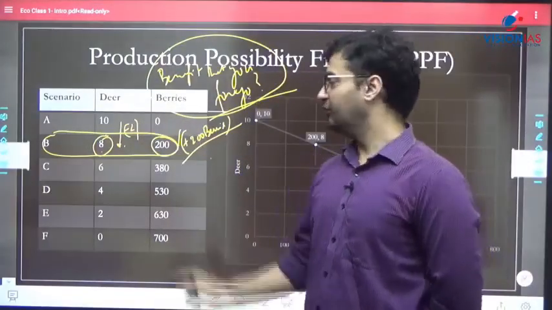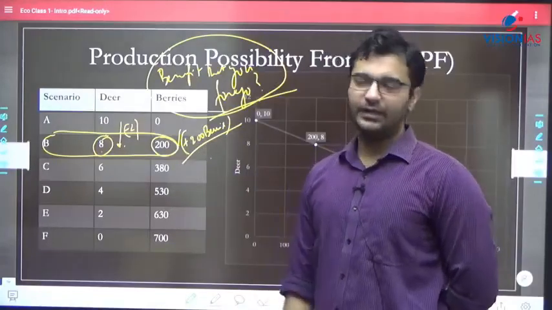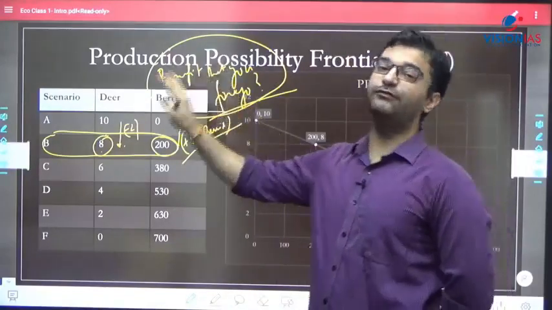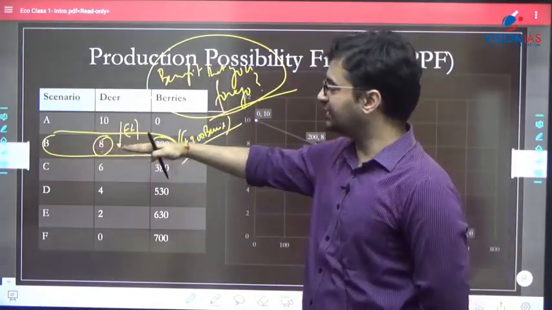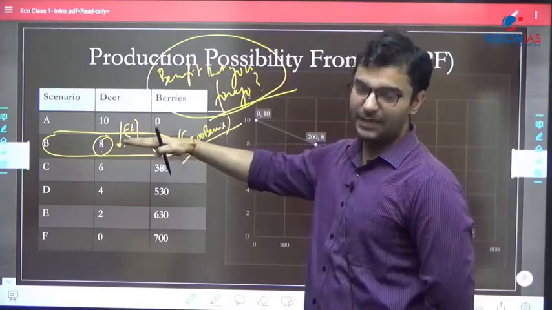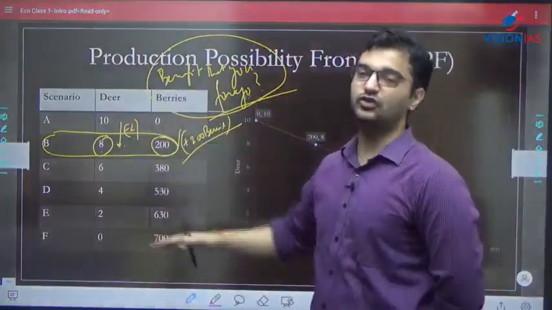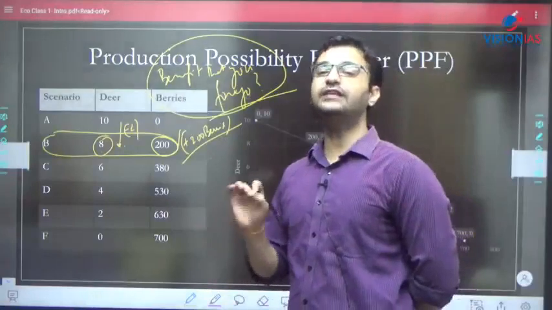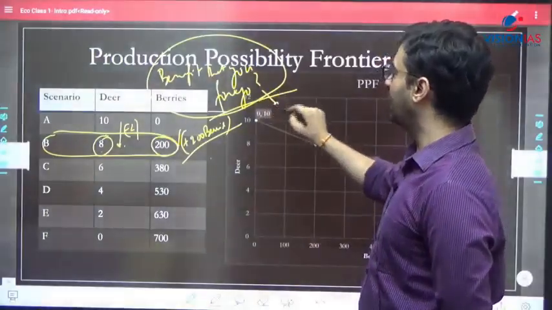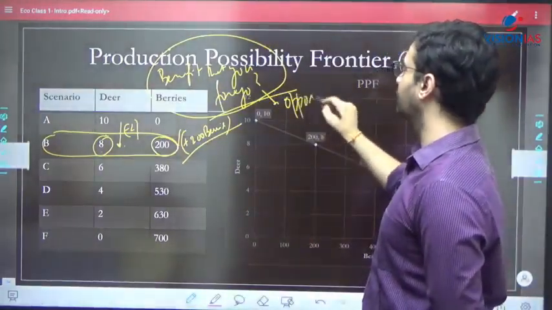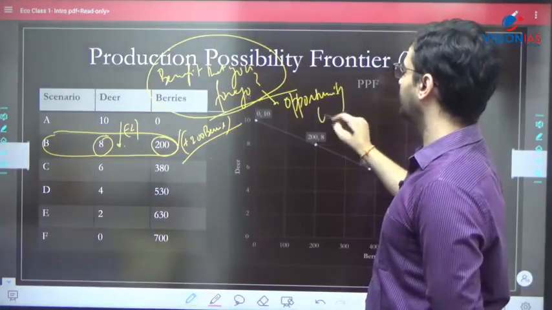For what? For 200 berries. The benefit that you forego while choosing a scenario, while making a choice as compared to any other choice that you had, is called opportunity cost.